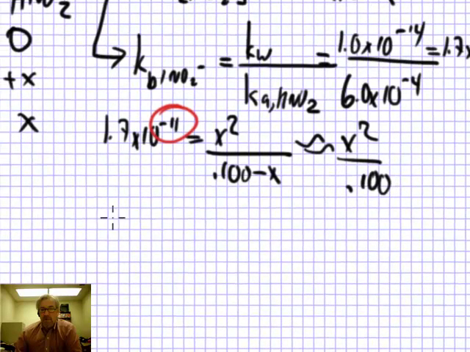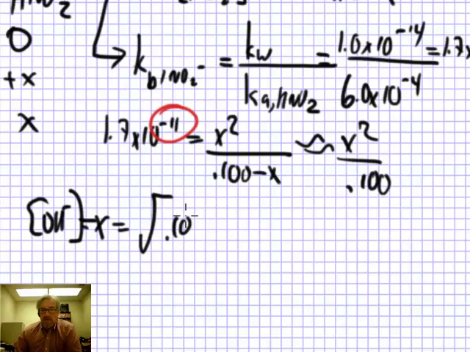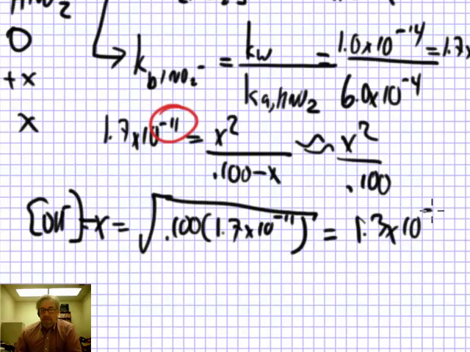So X, which is the concentration of OH minus, is equal to the square root of 0.100 times 1.7 times 10 to the negative 11th. And that comes out to 1.3 times 10 to the minus 6th. And that's our answer.